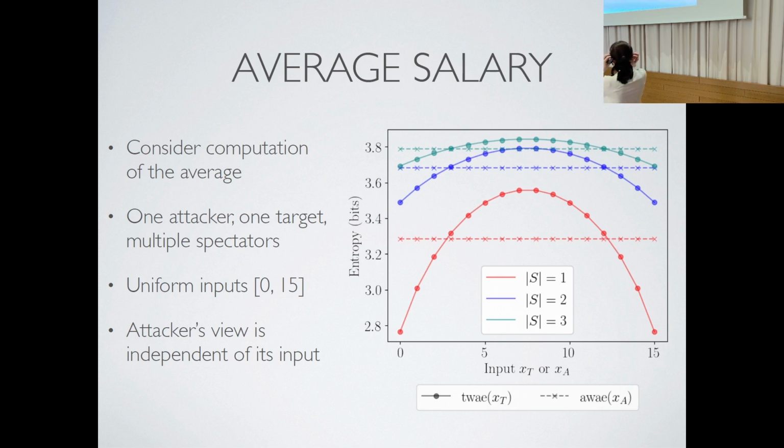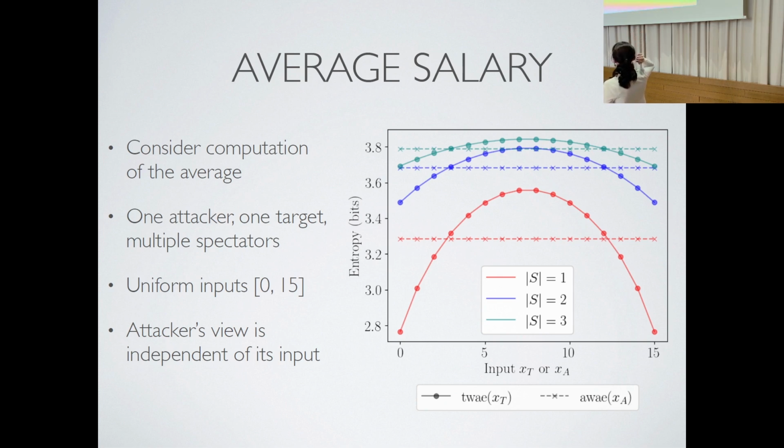The straight line is for one target, one adversary, and one spectator. The original entropy in this case for the target was 4 bits. Depending on how many spectators we have, the straight line is the adversarial view after the computation, when they learn the result.